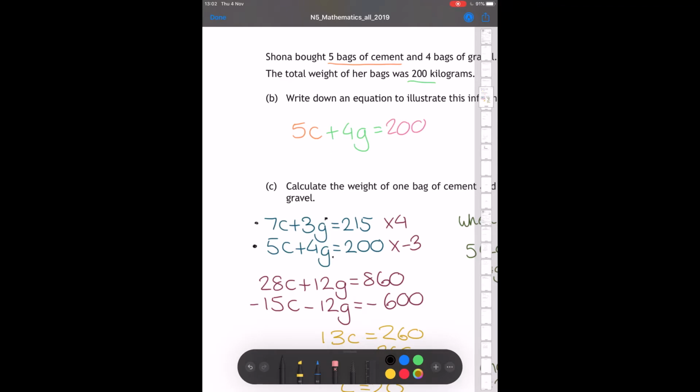Hence, I multiplied the top by 4, so I would get 12G on top, which can be seen here. And I multiplied the bottom by -3, because I'm adding these 2 equations down here. So if I multiply the bottom by -3, I get -12. And positive 12 plus -12 is 0.